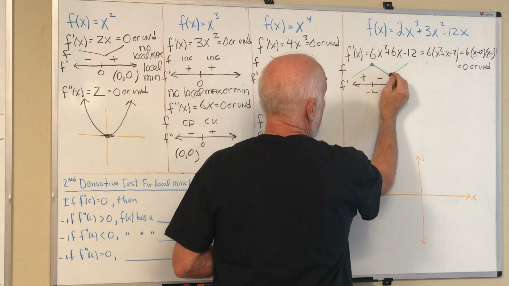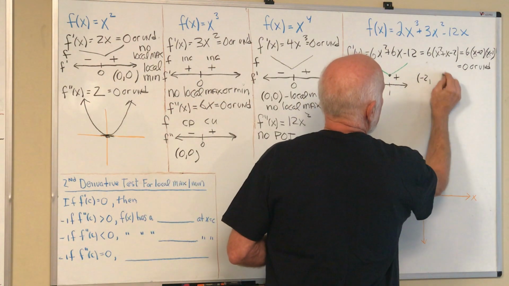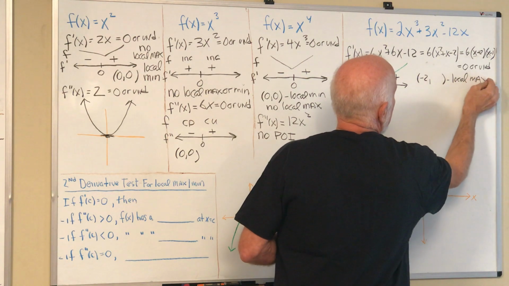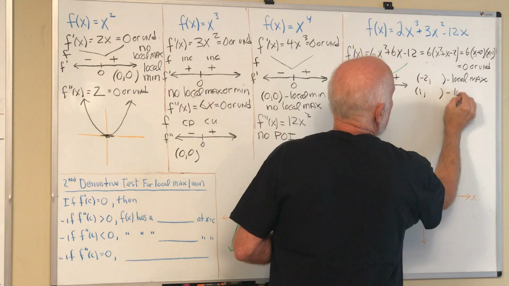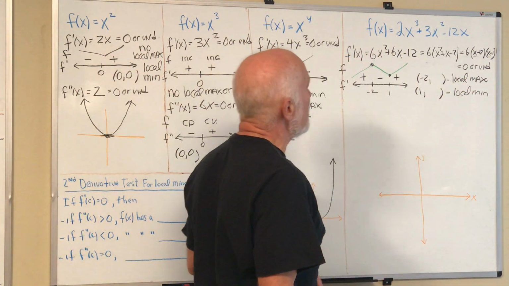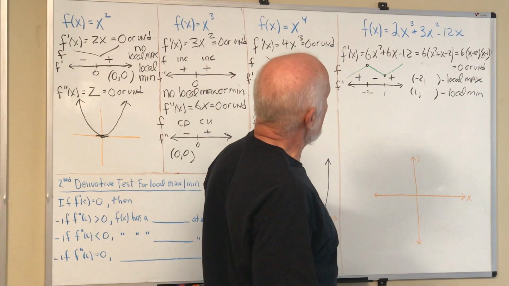So we can see right here at -2, we have a local max, and at 1, we have a local minimum. Now, this is going to be a little bit more difficult to plug into the function.